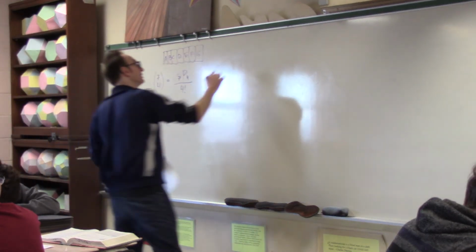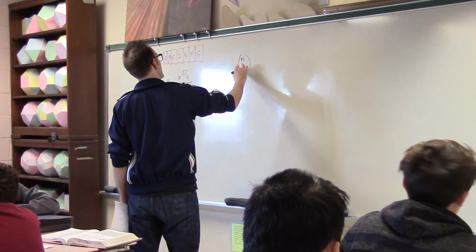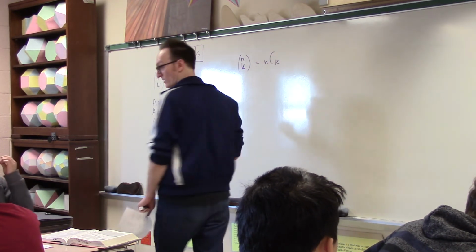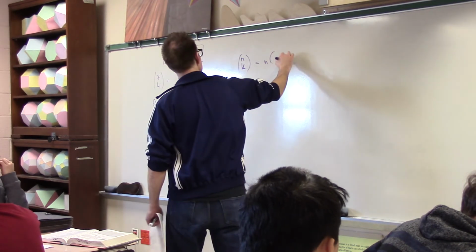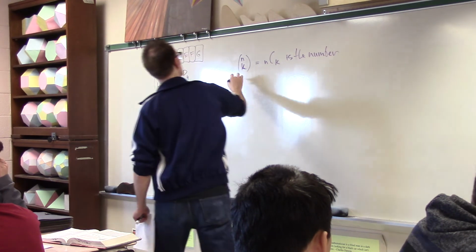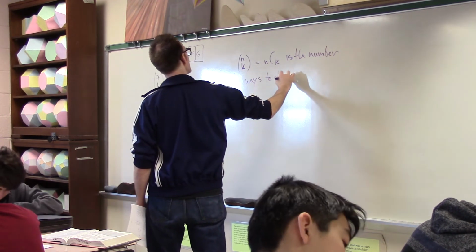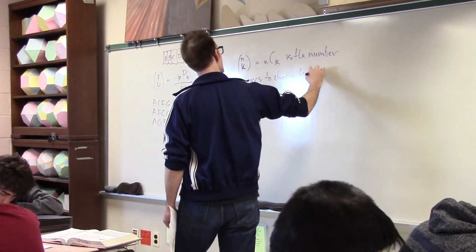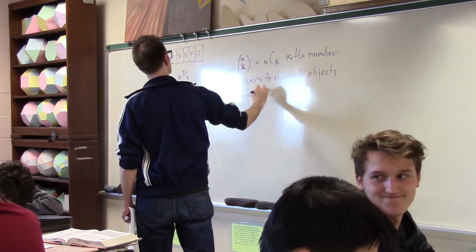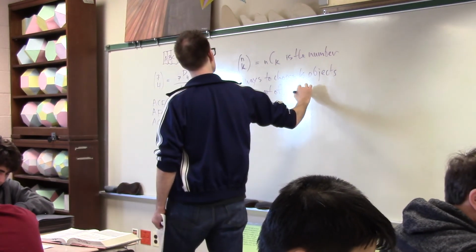And in general, we say that n choose k, this is the cool way of writing it, but lame people also write it like nck, which is what our textbook does, is just the number of ways to choose k objects from a set of n objects.